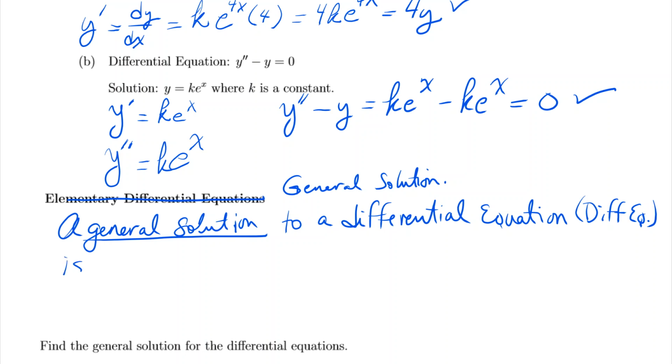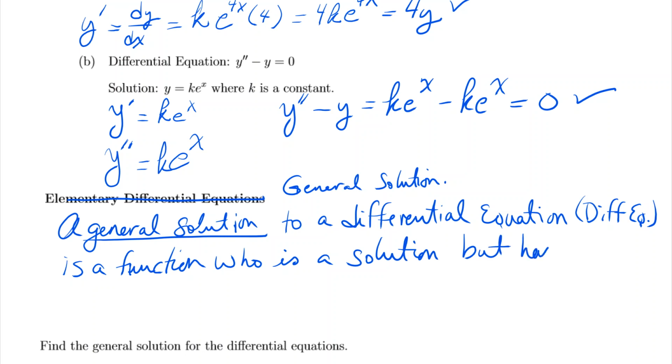Anyway, a general solution is a function that is a solution but has constants that are unspecified.